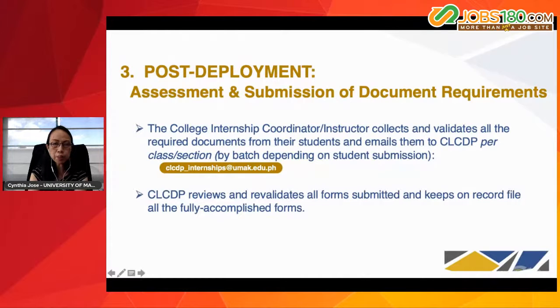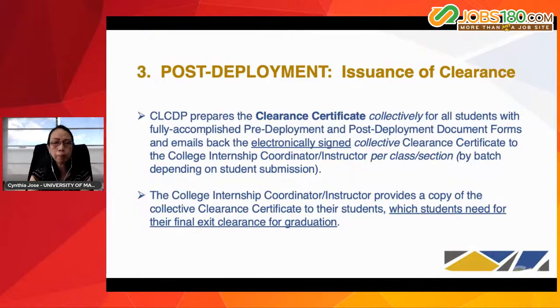The college internship coordinator collects all these documents and emails them to CLCDP, ideally by batch. So this is our email address. So we will review, revalidate all the forms, and keep all the fully accomplished forms on record file. And once we do this, we now prepare your clearance certificate collectively.